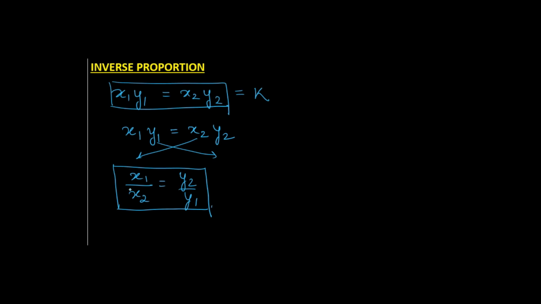If x1 and x2 are the instances of quantity 1 and y1 and y2 are the corresponding instances of quantity 2 and the two quantities are in inverse proportion, then x1 upon x2 is equal to y2 upon y1. I hope this much is clear to everyone. We have got this relation because the product of x1 and y1 and x2 and y2 all are equal to a constant.